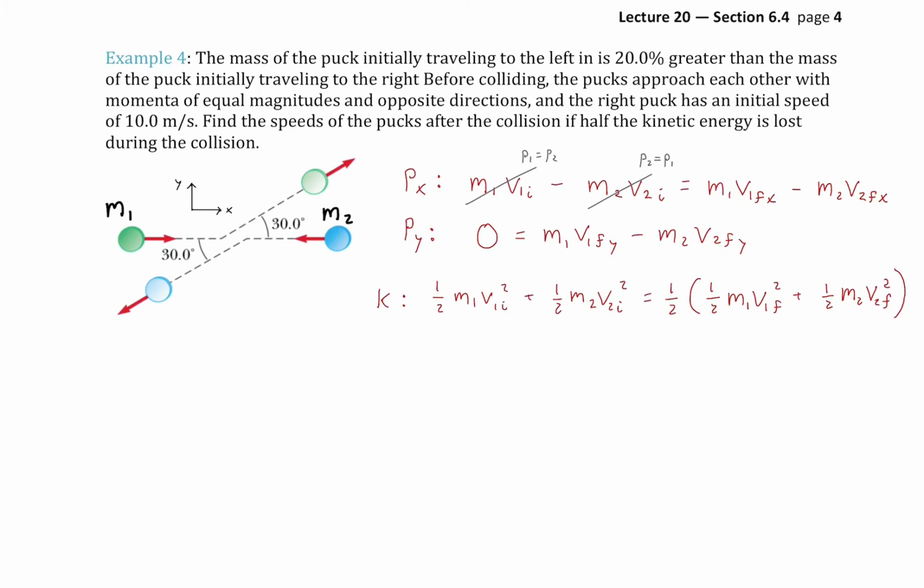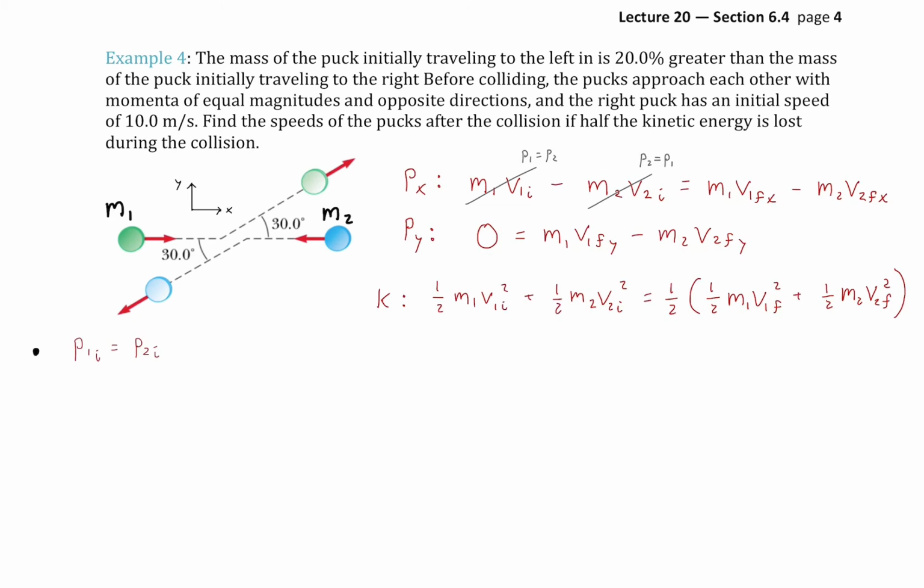So if we look at the momentum in the x direction, m1 v1 initial, the momentum resulting from this mass and that velocity, has to be equal to m2 v2 initial, so they cancel out because they're opposite in direction, and momentum is a vector. So the left-hand side of our x momentum equation is the same as the left-hand side of our y momentum equation. They're both going to have zeros on them. That's going to be nice. And then we're going to have a bunch of final velocities that we don't know.